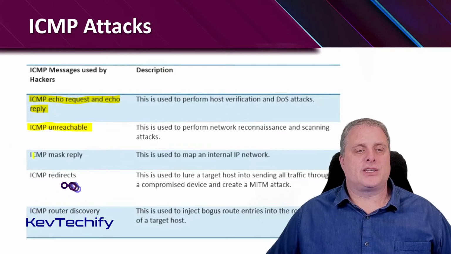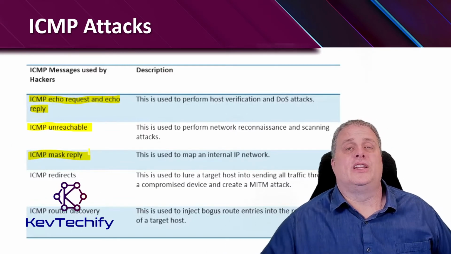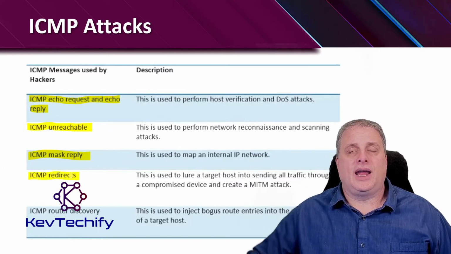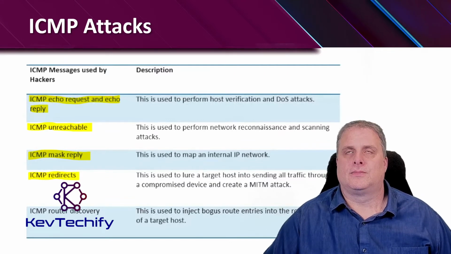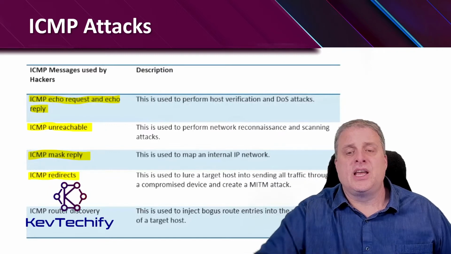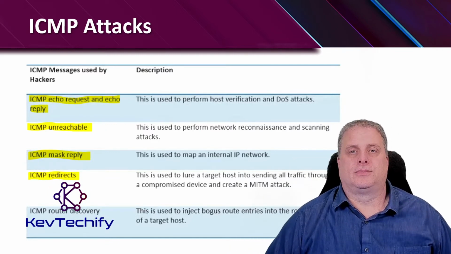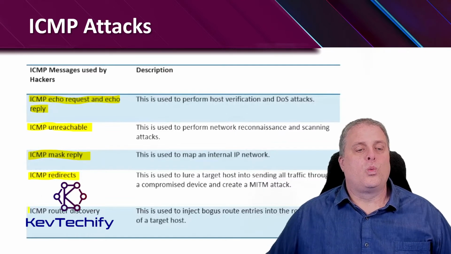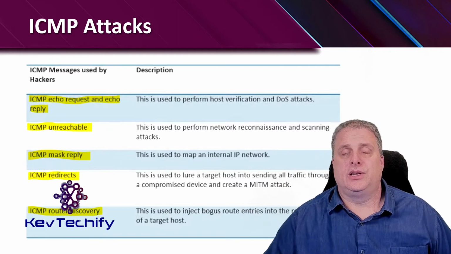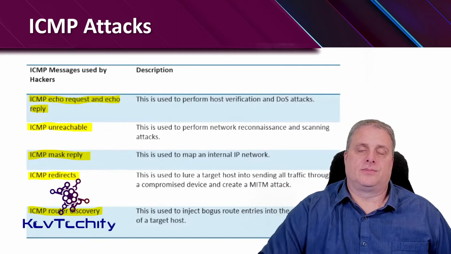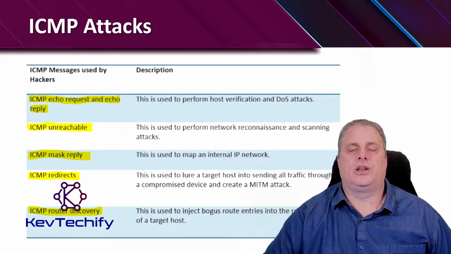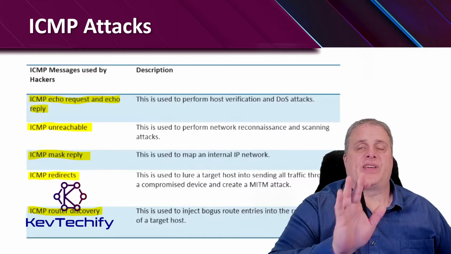You can use a mask reply when you try to map an internal network. With a redirect, we try to lure a targeted device into sending all of its information through a compromised device, creating a man-in-the-middle attack. And with router discovery, we try to inject false route entries into the routing table of the target host. Just imagine the outgoing possibilities of a targeted host having bogus entries inside.